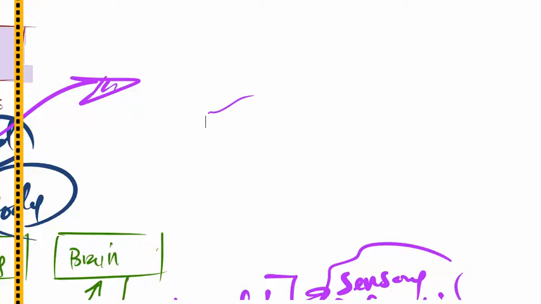Basically, if the eye is abducted for vertical movements, you're using your recti. If the eye is adducted for vertical movements, you're using the obliques. So to look up would be the inferior oblique, and to look down would be the superior oblique. That's what the angle of the eye is, right?